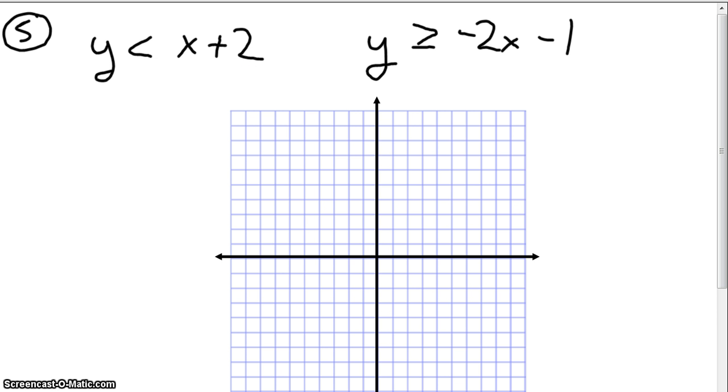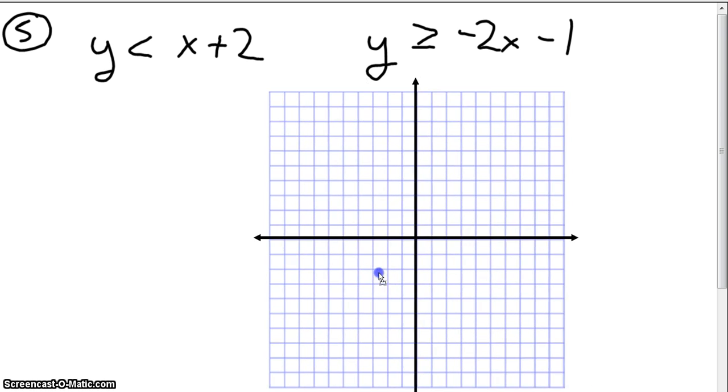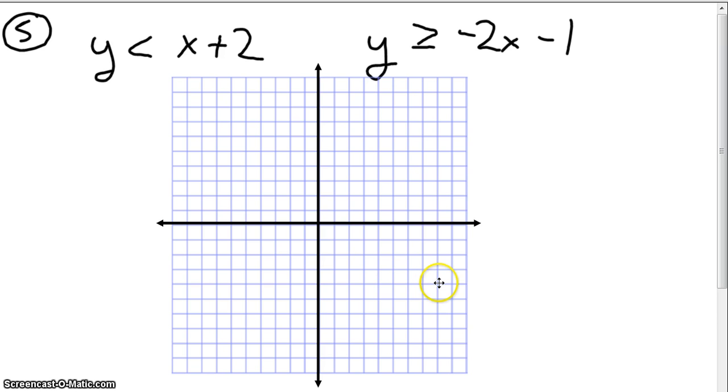So here's the one we're going to do, okay? We need a little coordinate plane, and you need to take down the inequalities. y is less than x plus 2, and y is greater than or equal to negative 2x minus 1. Two inequalities.